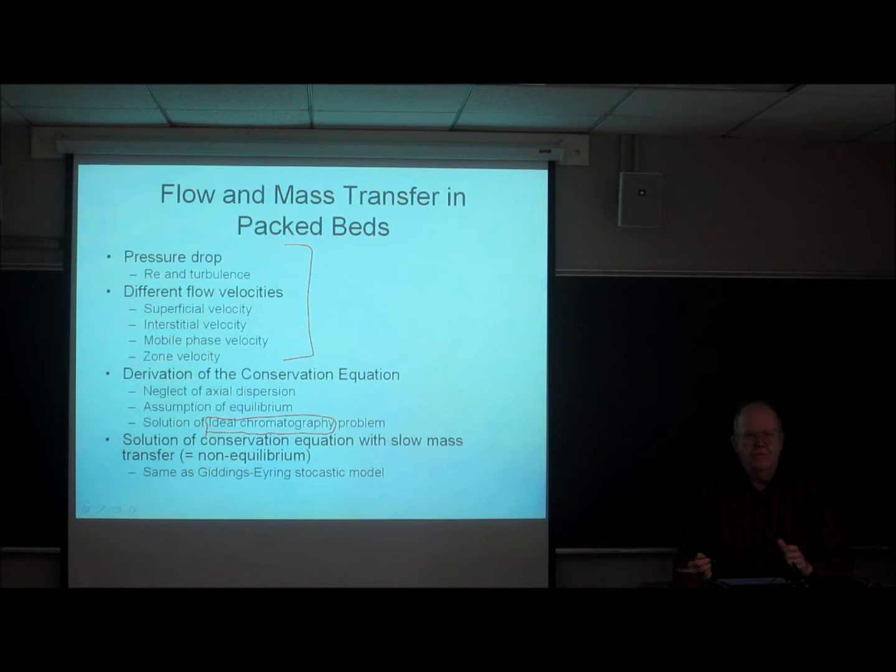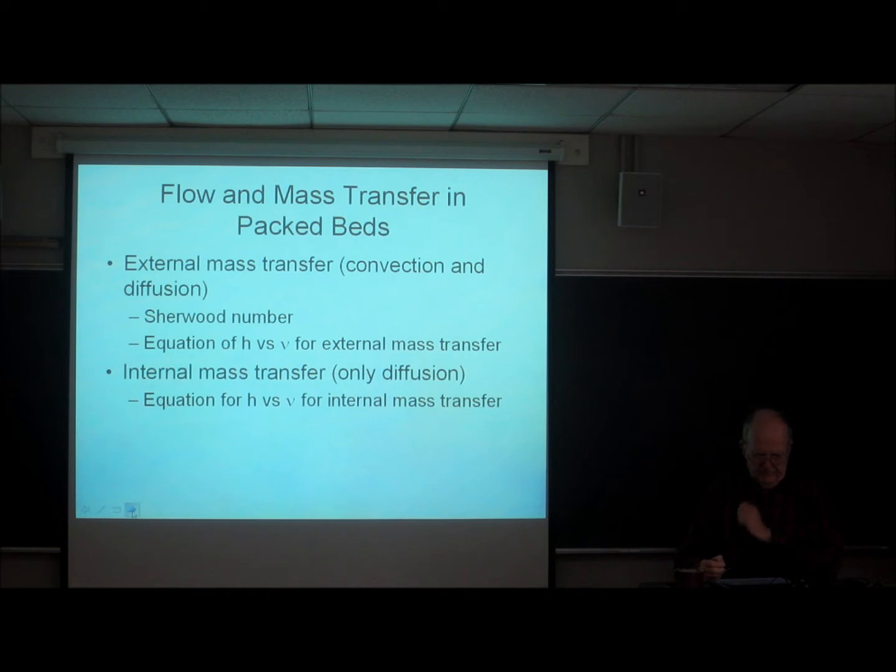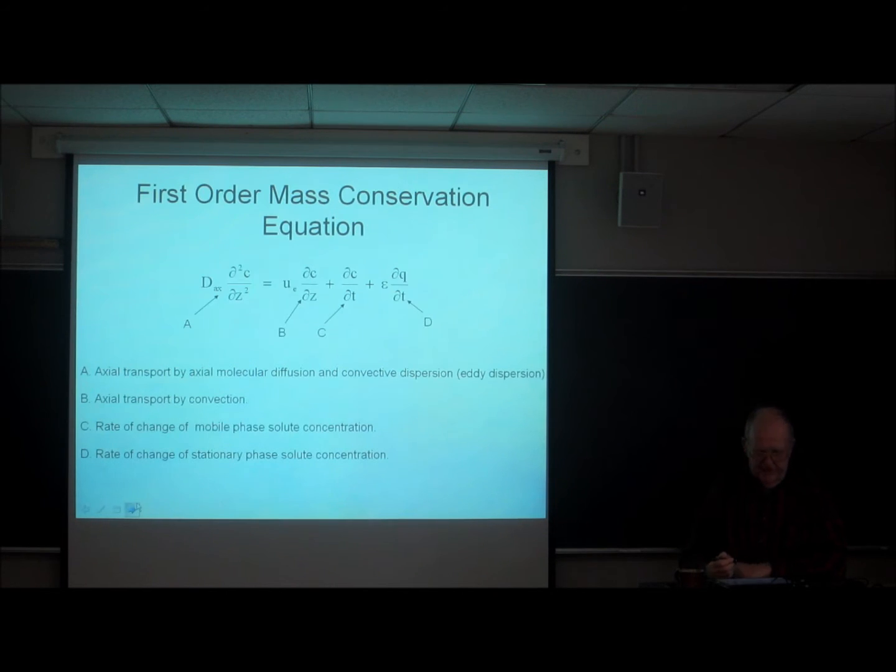We're just going to assume that that's the solution, and we'll look again at the first moment and the second moment, and of course the HETP. And we'll consider both the case of external mass transfer and the case of internal mass transfer as the rate limiting processes. So that's what we're going to cover today.